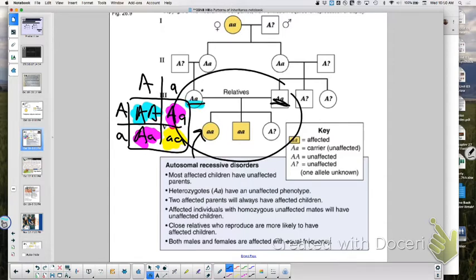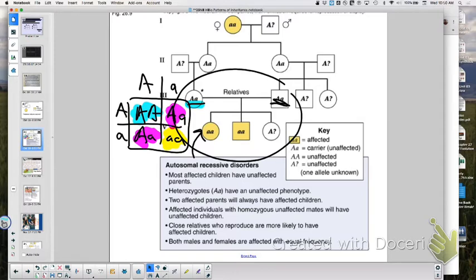And then number 2, heterozygotes have an unaffected phenotype. Could Blue please explain why number 2 is true? Because what kind of inheritance is this? Not a dominant disease, but a recessive.